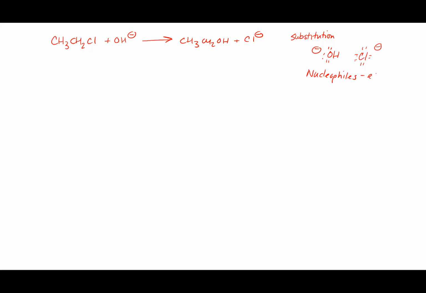And they're called nucleophiles because they're electron rich. So electron richness is either because you have a negative charge, which is a result of having lone pairs. That's where the electron richness comes from. We'll talk about neutral nucleophiles later on.